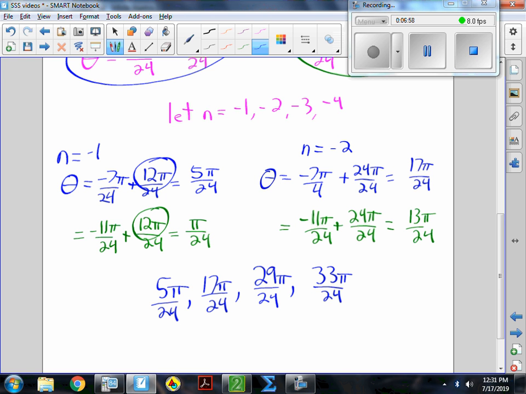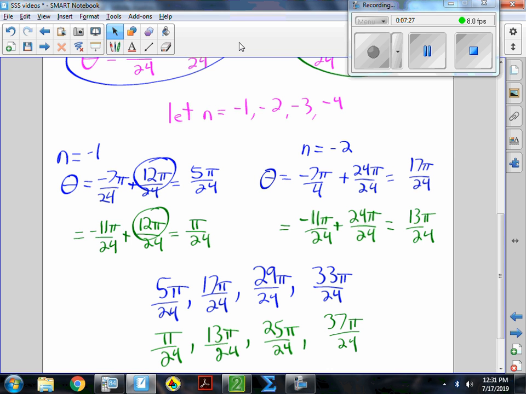That would still work, so I made a mistake somewhere, I think. In green, I'm at pi over 24 and 13 pi over 24, plus 12 is 25 pi over 24, plus 12 is 37 pi over 24, plus 12 is 49, so that one's too big.